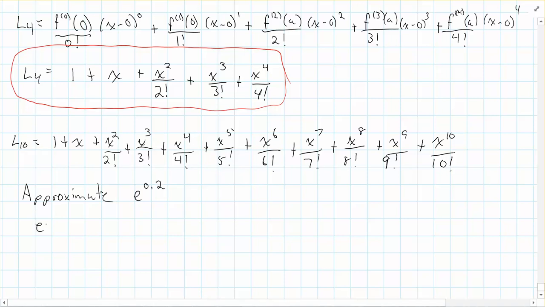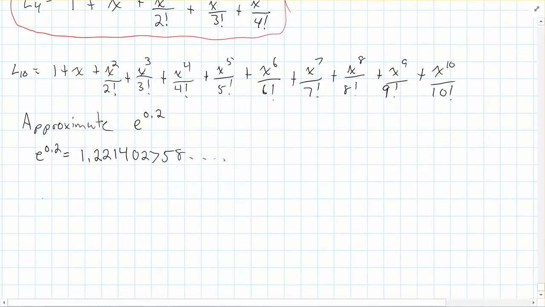Now I'll first just do this on my calculator, just so we know what the answer is. This is 1.221402758 going on forever.